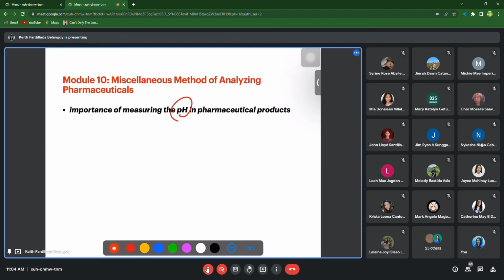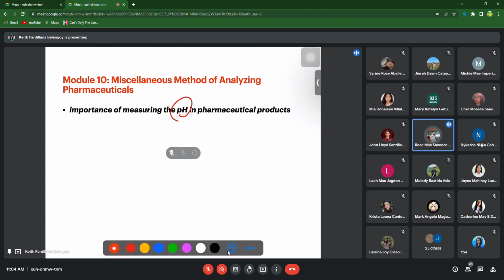Thank you. So, let's start. Good day, everyone. We are here to present to you a little insight towards the importance of measuring pH in pharmaceutical products. So before we go on, we have to define first what pH is. In layman's definition, it is simply the measurement of the acidity or alkalinity of a fluid, in this case, our pharmaceutical product.